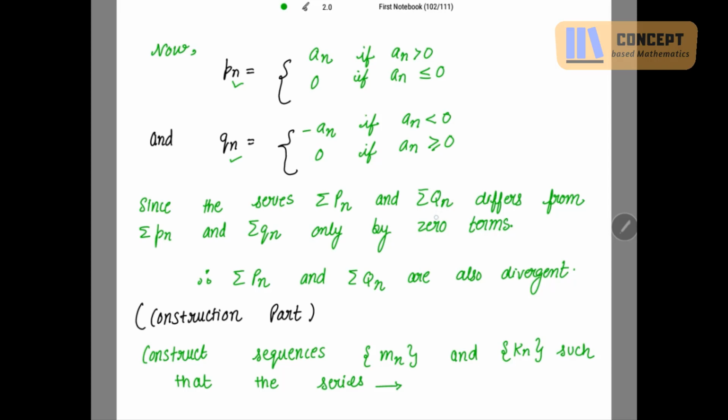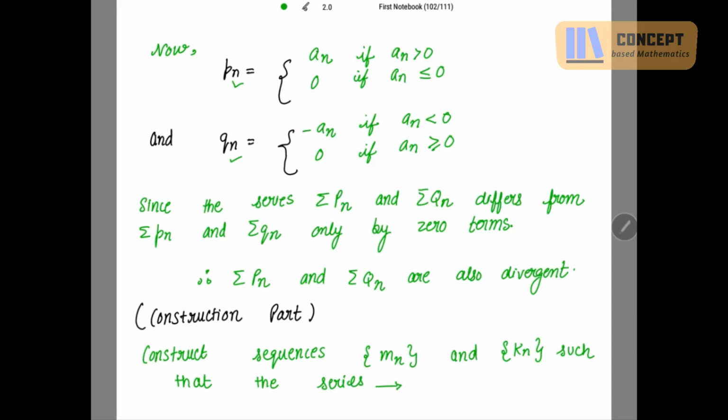In summation Qn, we have taken the absolute values of the negative terms, and small qn contains the same, right? So if small pn and small qn both diverge, then summation capital Pn and summation capital Qn are also divergent, as they differ only by zero terms, one and the same.